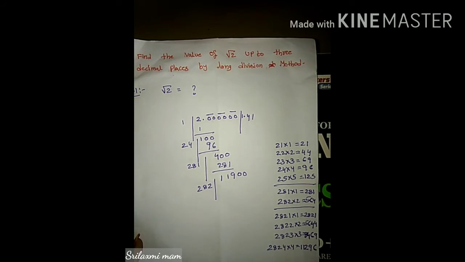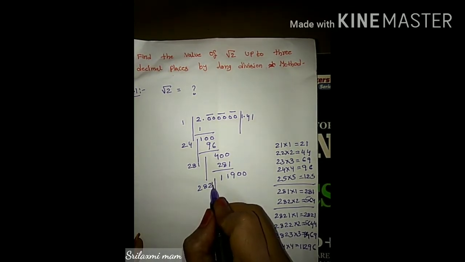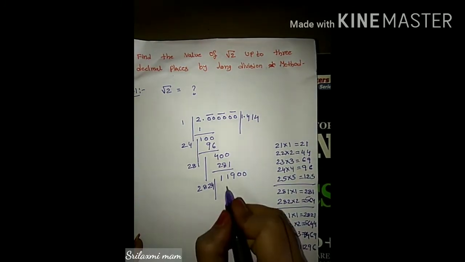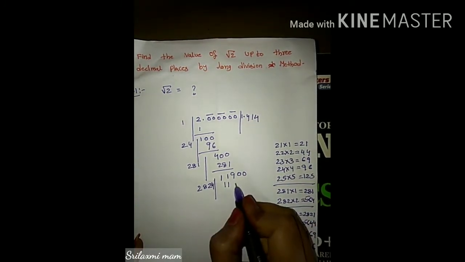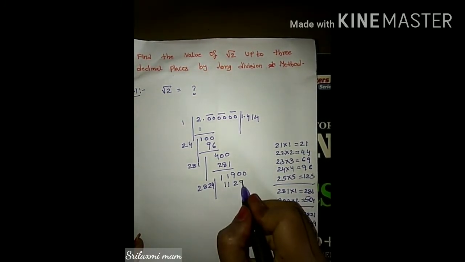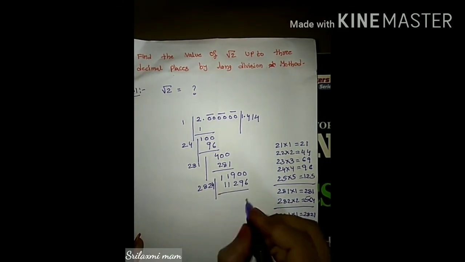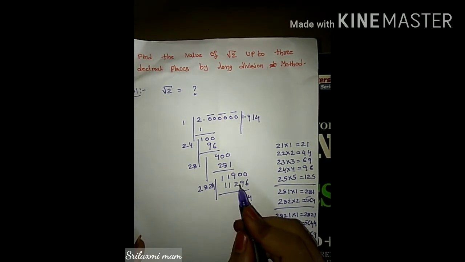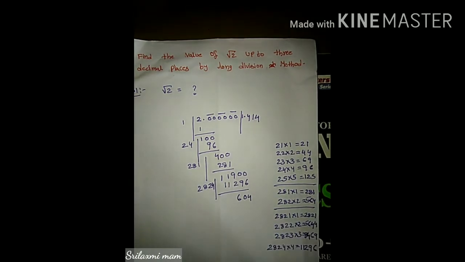So 2824, we use 4. 11,296. So here 4, 0, 6.